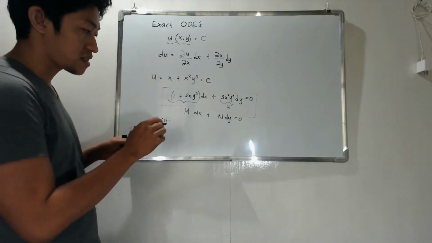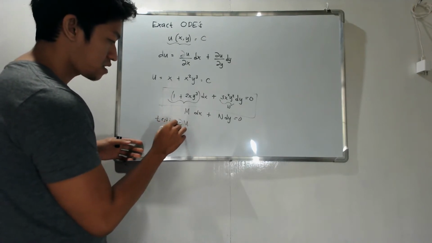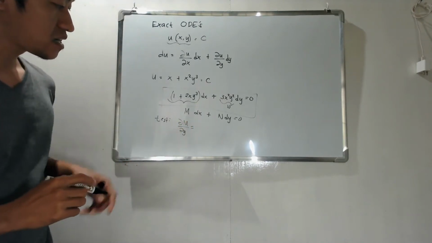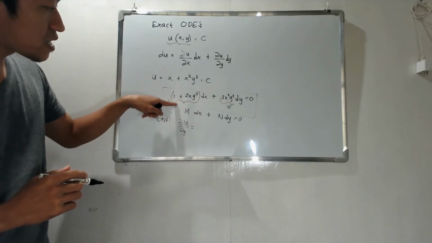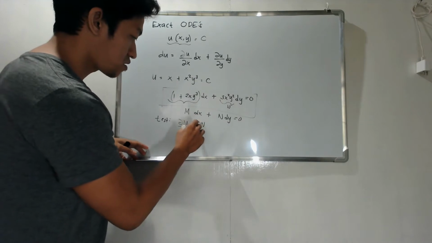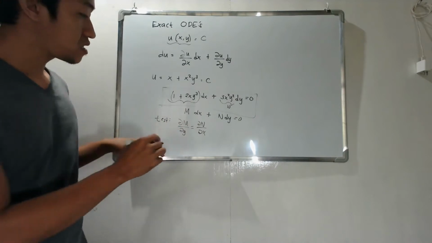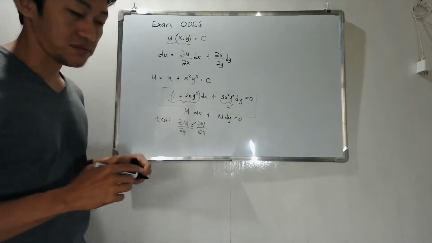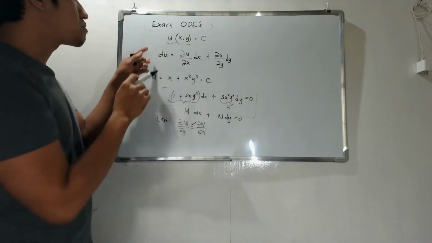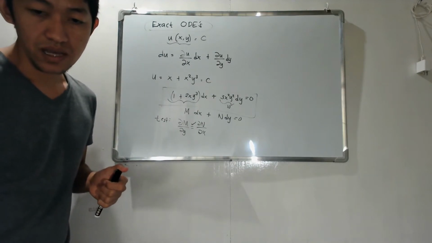And the test is that if you take the partial derivative of m with respect to y, it should be equal to the partial derivative of n with respect to x. So this must be satisfied. Otherwise, you cannot use the method for exact ordinary differential equations. Okay?